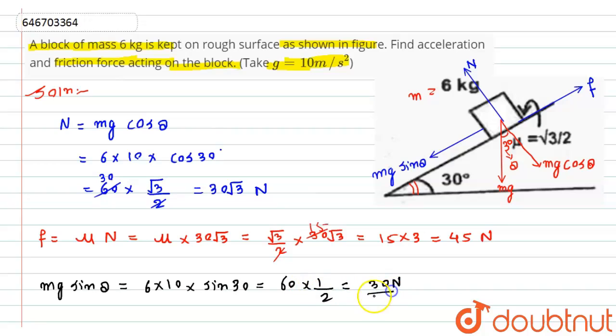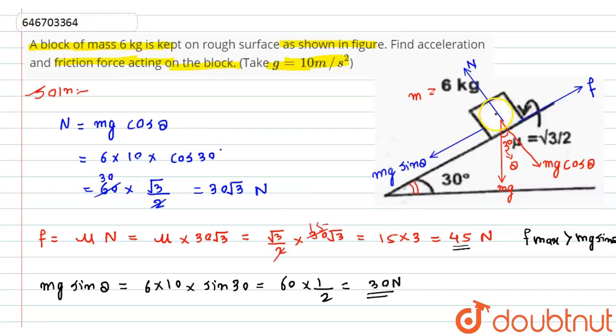Now you can see that the sliding force of the block along the inclined plane is nothing but 30 Newton. But as per the calculation, the friction we got here is 45 Newton. What I mean to say is, if F max, the maximum frictional force, is greater than mg sin theta, then obviously the block will not move.